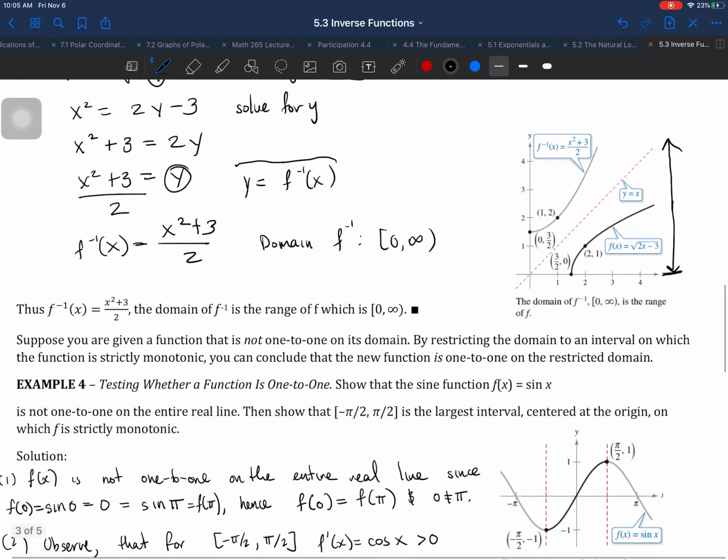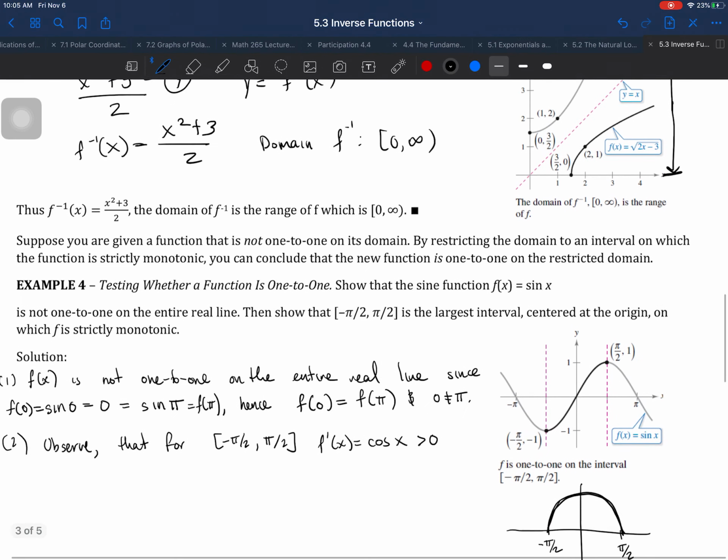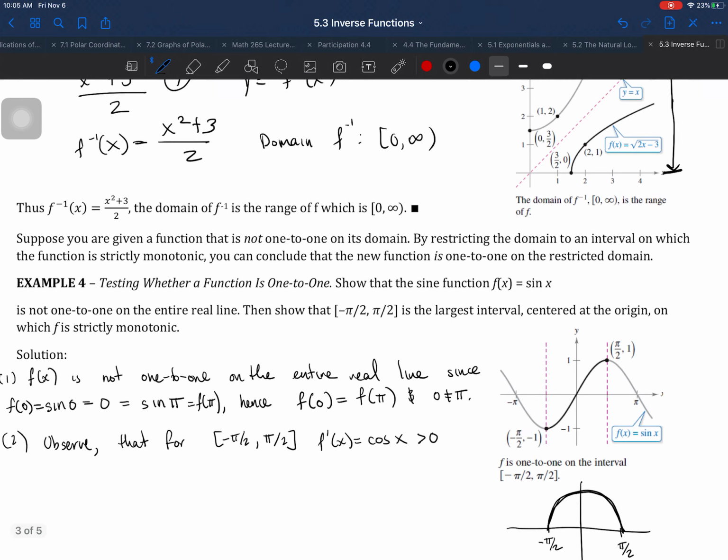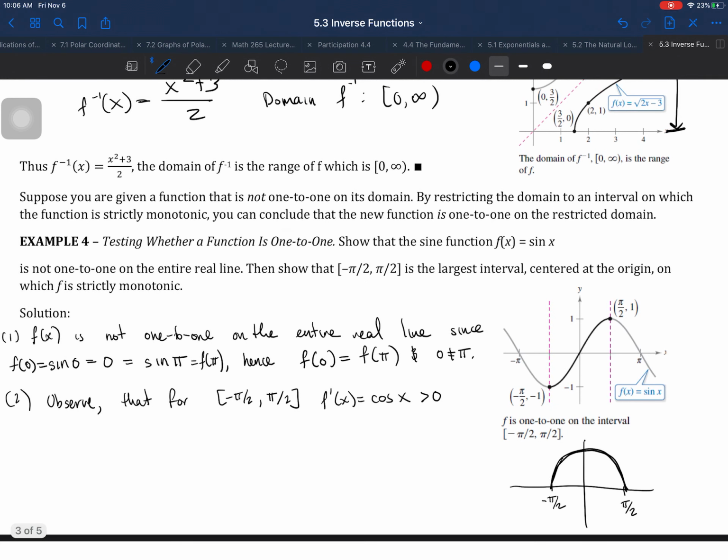Okay. All right, so we're gonna go back now and practice with this example how to test whether a function is one-to-one without obviously looking at a picture, right? We know that sine of x is a periodic function, so it just continues to go forever.